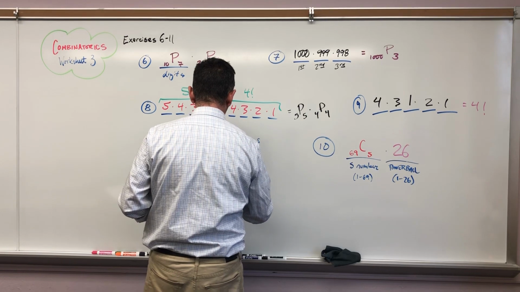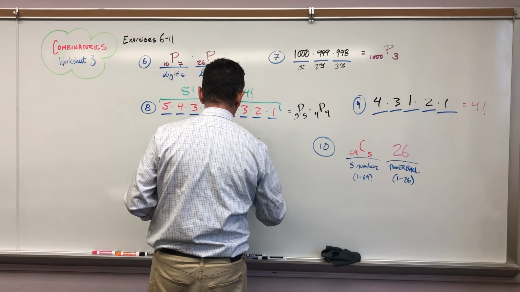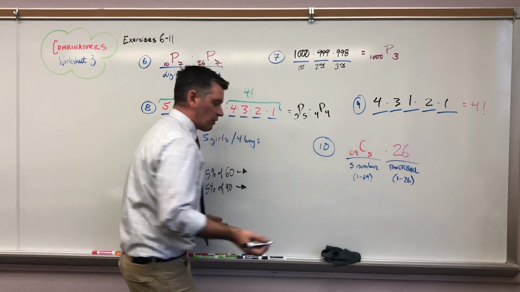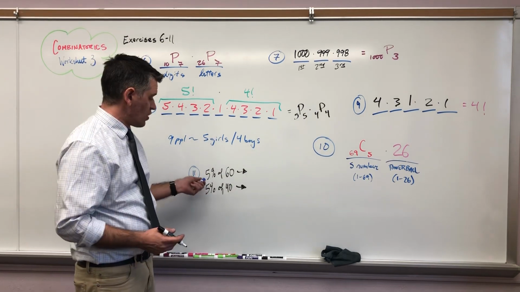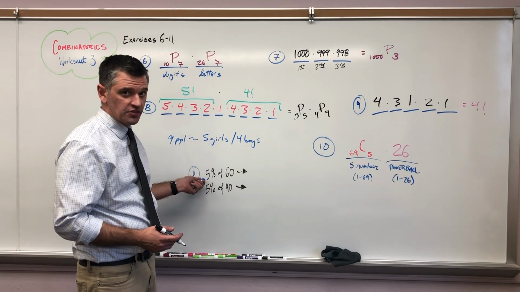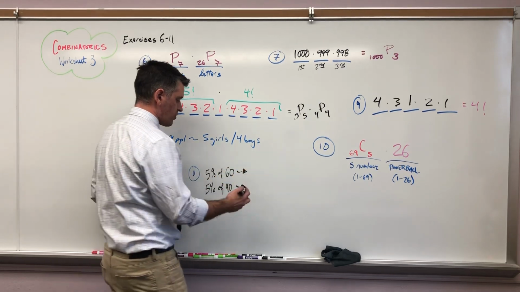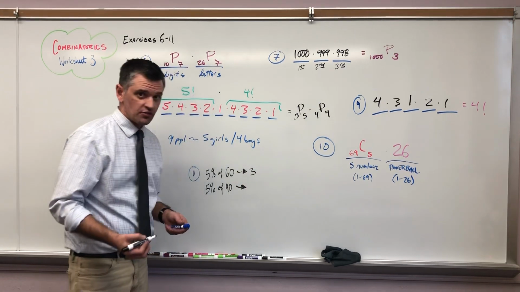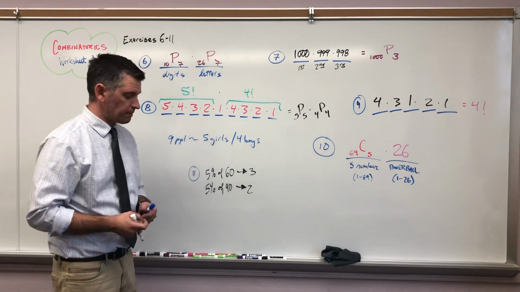Now, in terms of how comfortable you are with doing percentages in your head, I would think of it this way. What's 10% of 60? 6. What's half of that? Because 5 is half of 10. So if 6 is 10% of 60, 3 is 5% of 60. And likewise, 2 is 5% of 40.